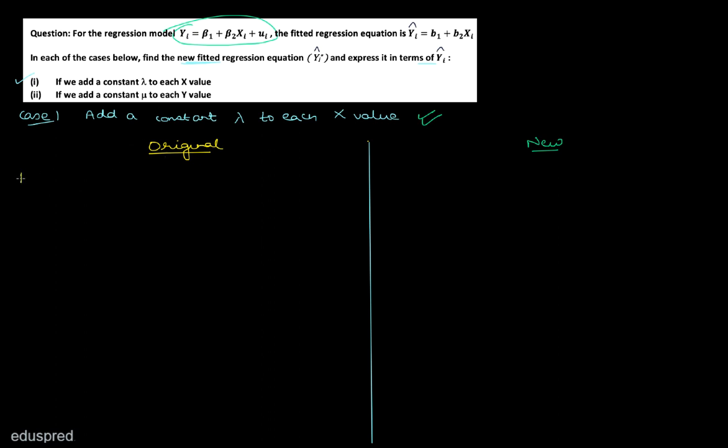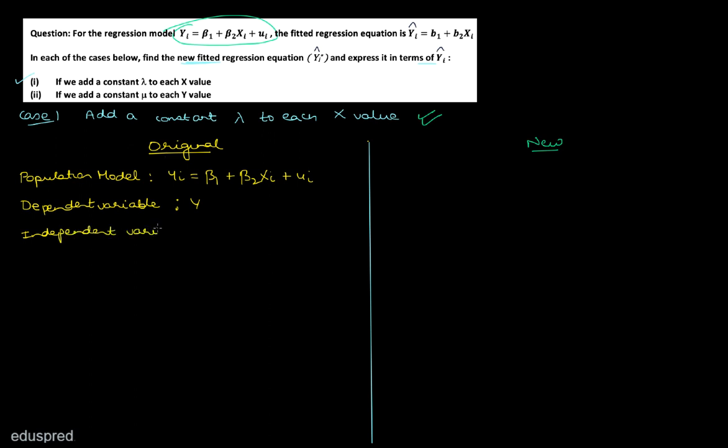We know that the population model as given in the question is yi equal to beta 1 plus beta 2 xi plus ui. In this model, the dependent variable is y and the independent variable is x.